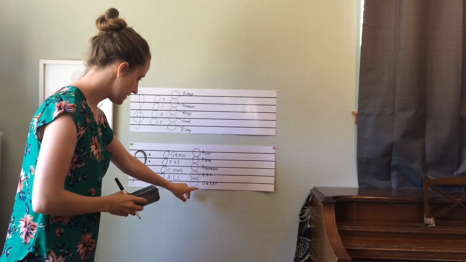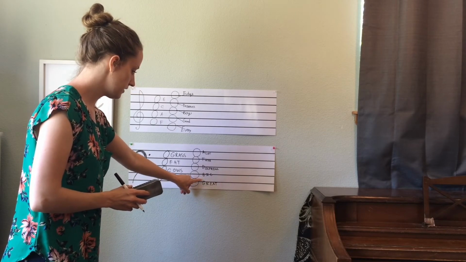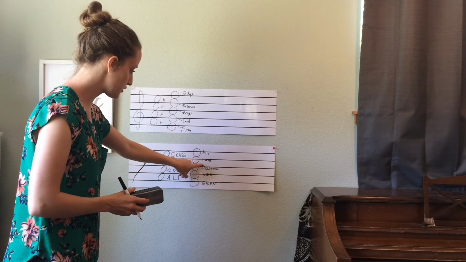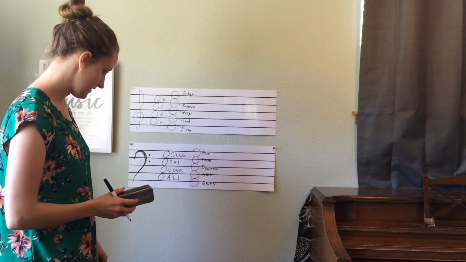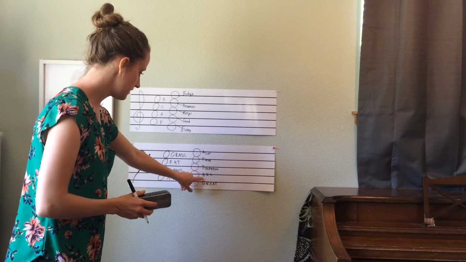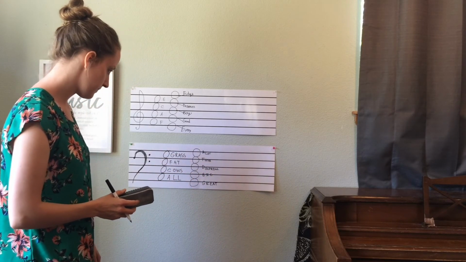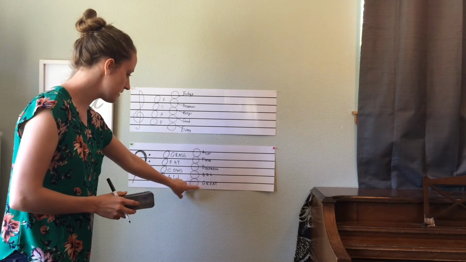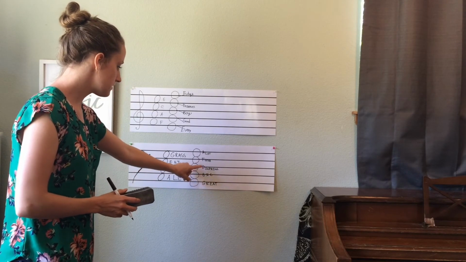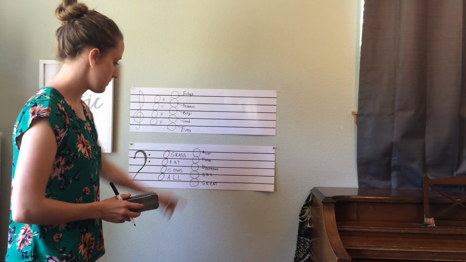Okay, so we have great, big, dolphins, fish, a lot. Let's say that one again. Great, big, dolphins, fish, a lot. Okay, so we have G, B, D, F, A.